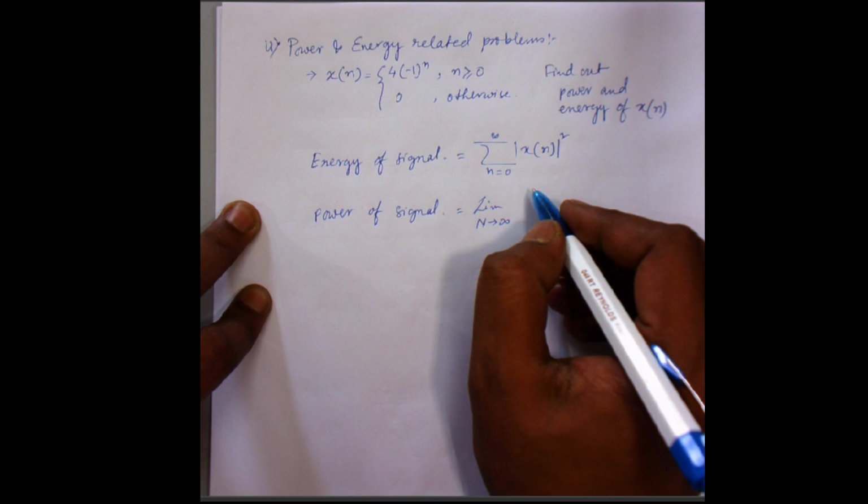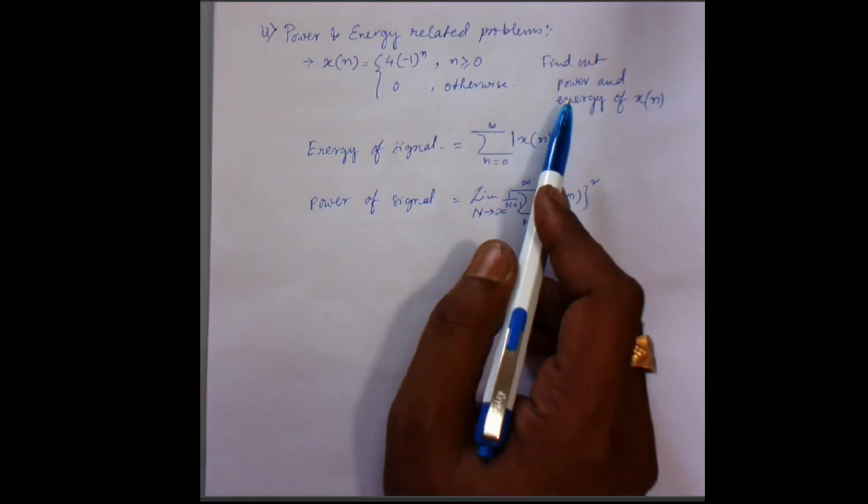This is the equation of energy of a signal and the power of a signal. Now you have to find out the energy as well as power of x of n.